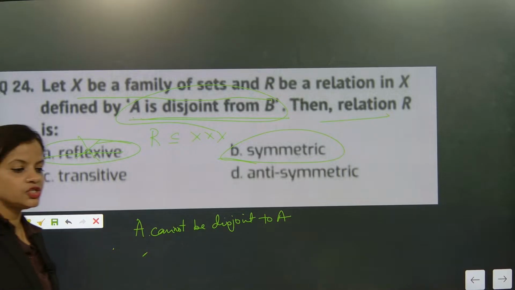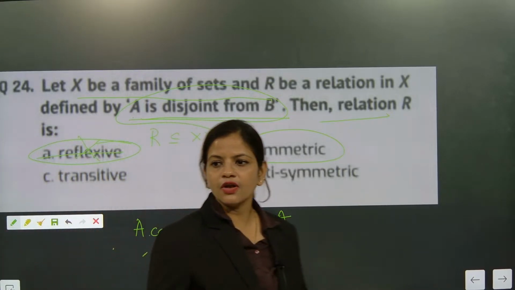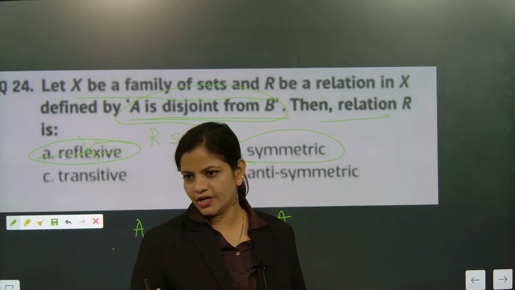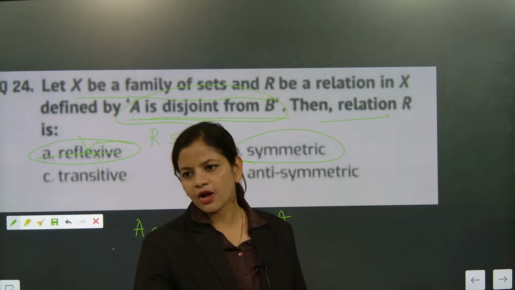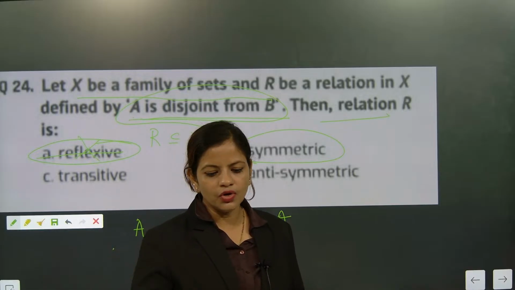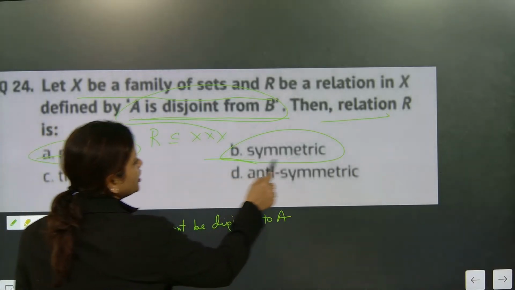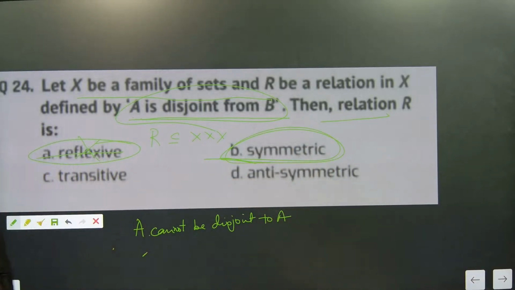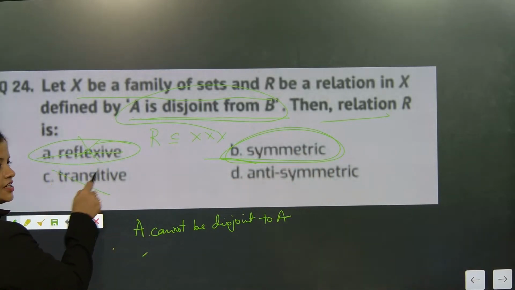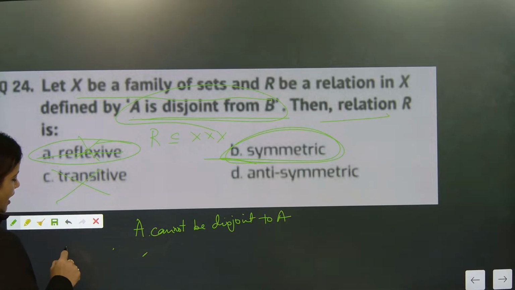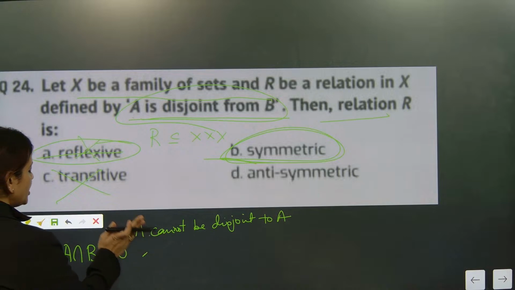A is disjoint to B means none of the common elements are there between me and you. If I don't have any common element with you, it means you don't have any common element with me. So is it going to be symmetric? The answer is yes. But is it going to be transitive? No. Because I am disjoint to you, I don't have any common element.